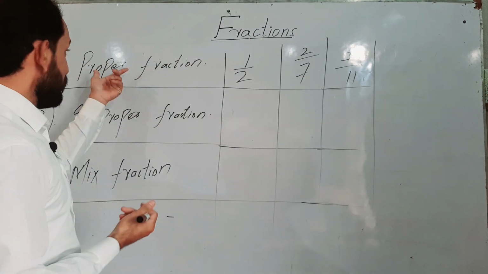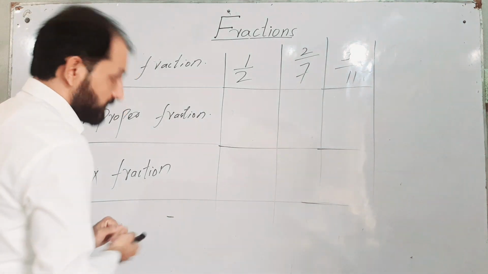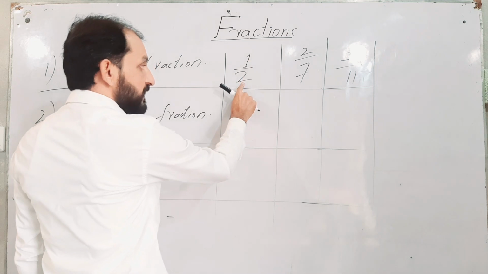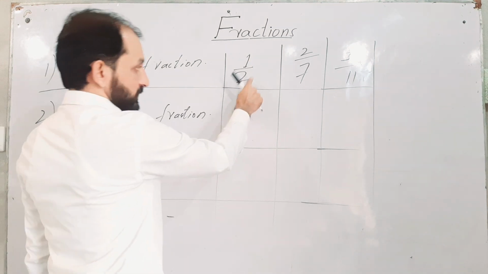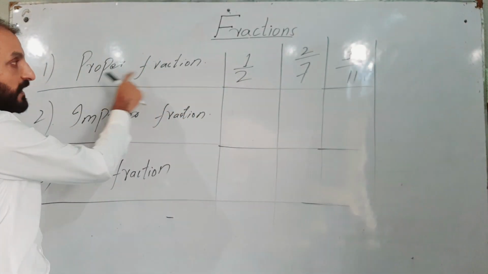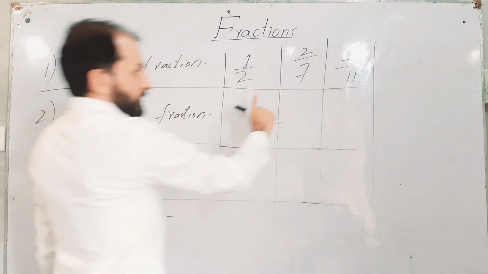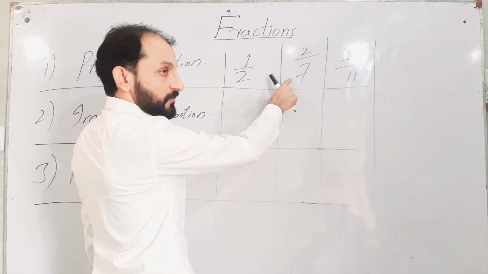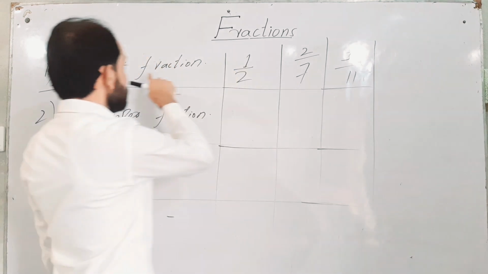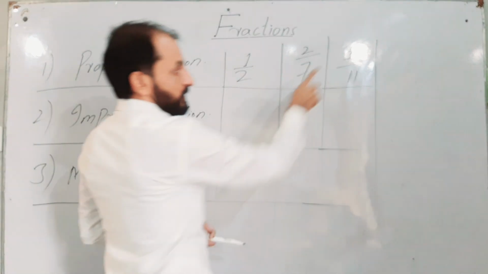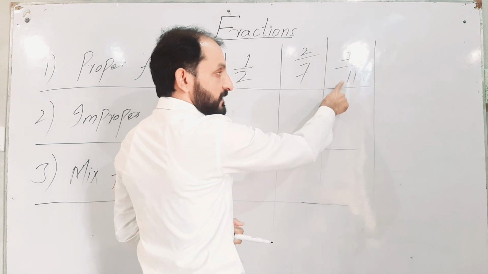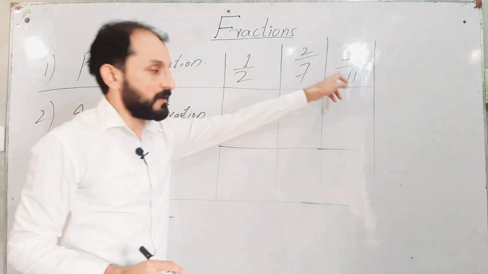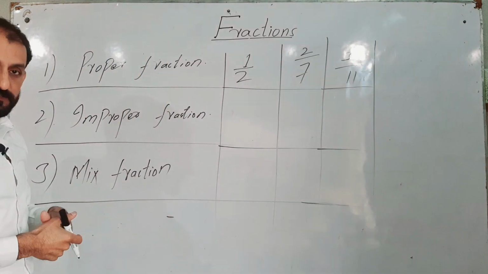The definition of a proper fraction is: if the value of the numerator is less than the value of the denominator, this type of fraction is known as a proper fraction. It means these are all examples of proper fractions.